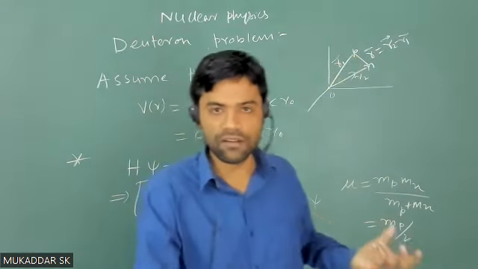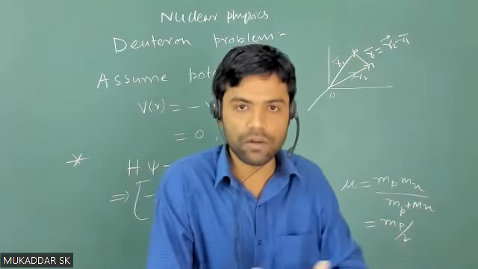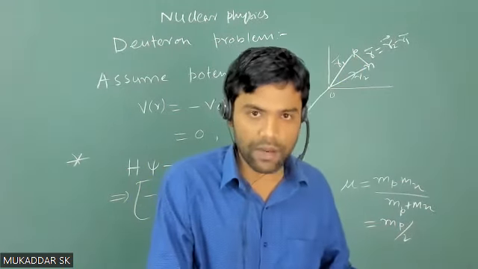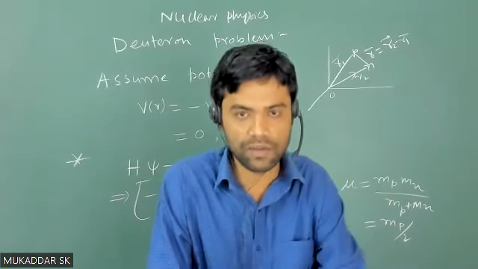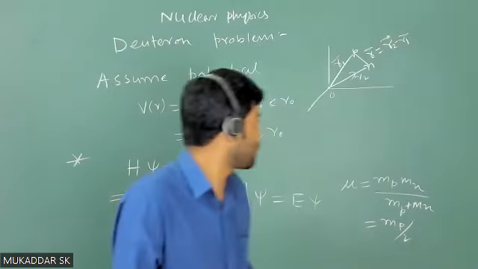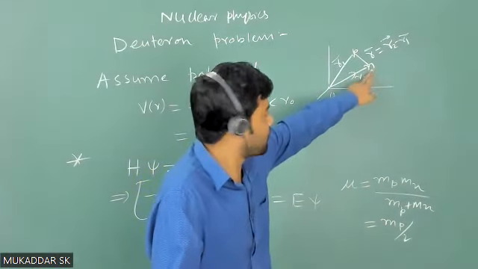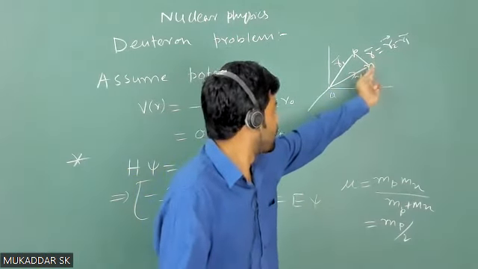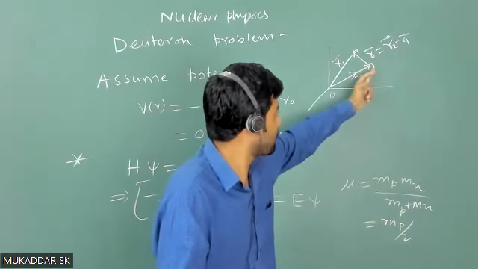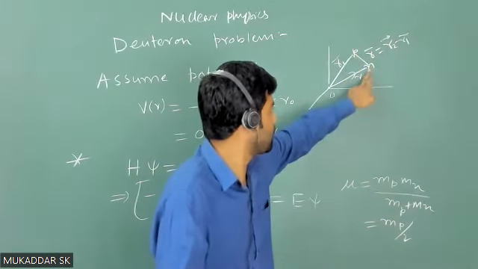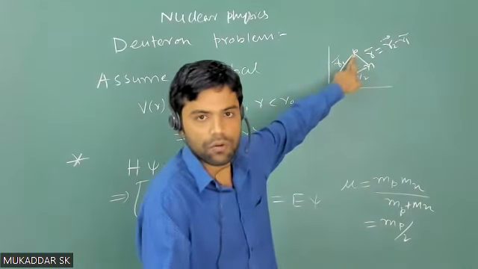So whenever you have a non-inertial frame and you are going to apply the Schrodinger wave equation or Newtonian mechanics, you have to convert that non-inertial frame into an inertial frame. How will we convert it? You have to replace the mass of this body by the reduced mass of the system. What is the meaning of this? When you replace the mass of this neutron by the reduced mass of the system, somehow you are fixing the position of the proton.